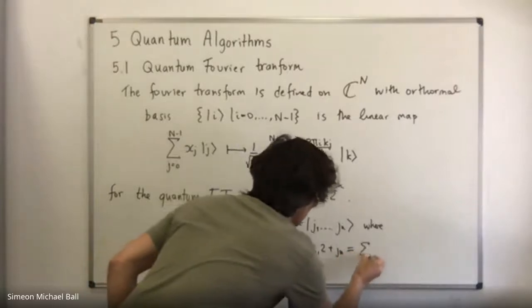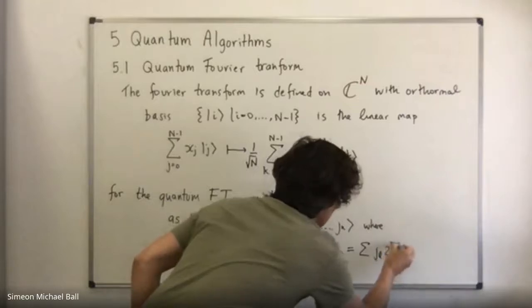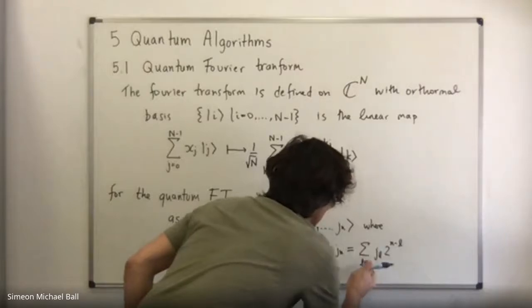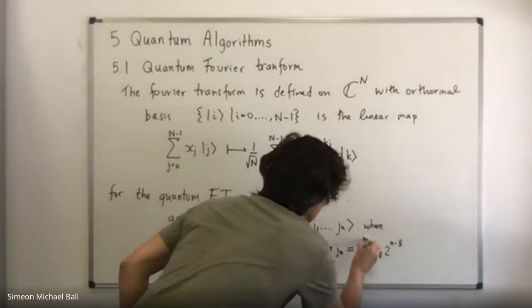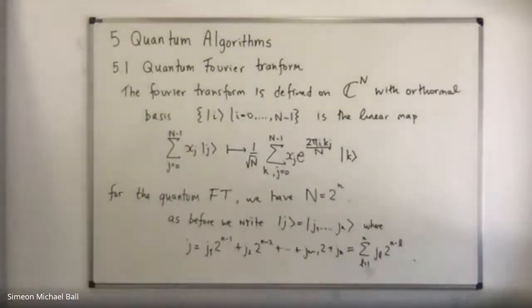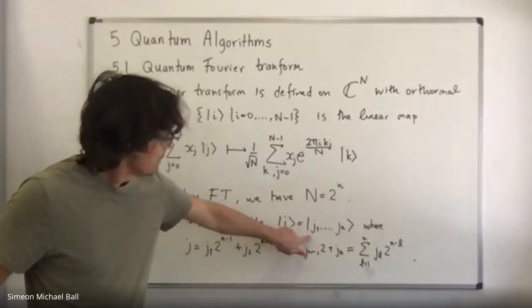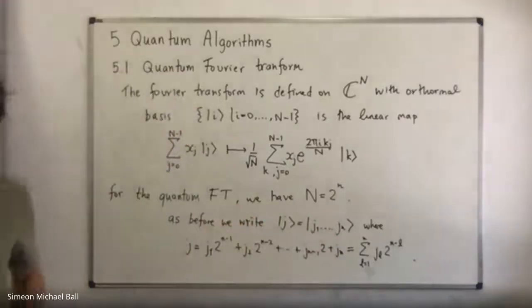This should be a 1. Okay, so that's as we had before. So we would write our basis elements as strings of 0 and 1, of length n, which will correspond to the n qubits.